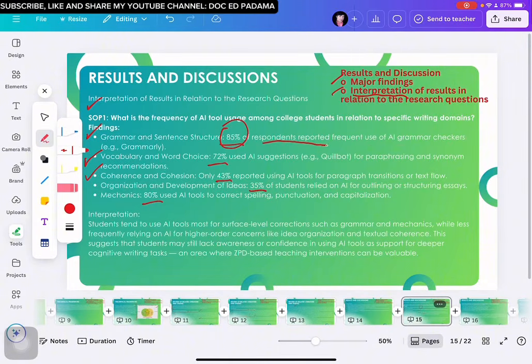Okay, so this is the explanation of the percentage or numerical value that you see for these particular domains. And then the interpretation is the narrative. This is already a summary of all of these domains presented in this particular part of your slide presentation.